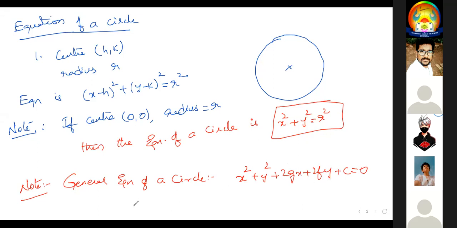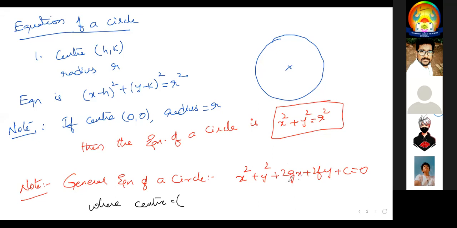In that, the center is minus g comma minus f, since the coefficient of x is 2g and the coefficient of y is 2f. The radius is the square root of g square plus f square minus c.